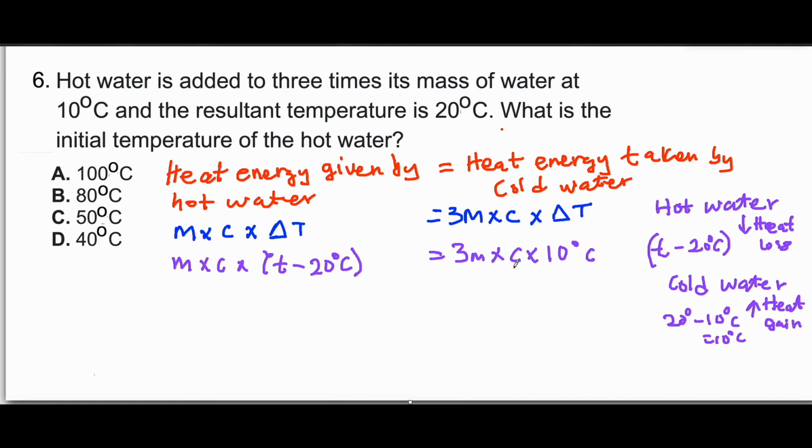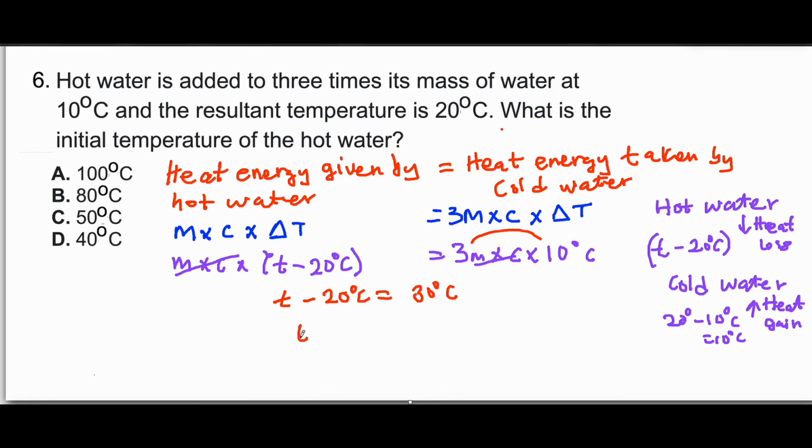All right, so we're trying to get the value for the T. The mass and the specific heat will cancel out on both sides of the equation. Then we are left with the initial temperature T minus 20 degrees Celsius equals 3 times 10 degrees Celsius. We have 30 degrees Celsius.